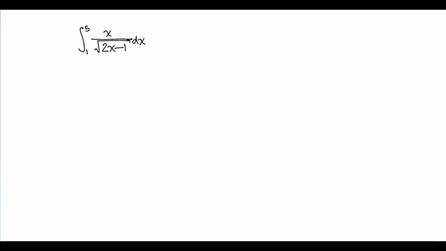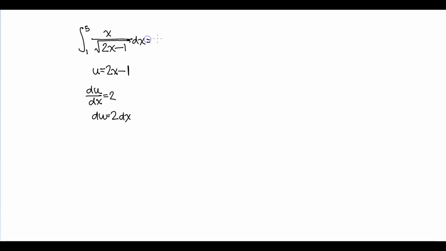Now, what should we do? Now, let's have u equal 2x minus 1. If u equals 2x minus 1, du dx will be 2, or du will be 2 dx.